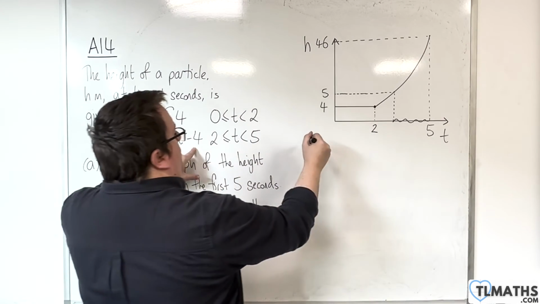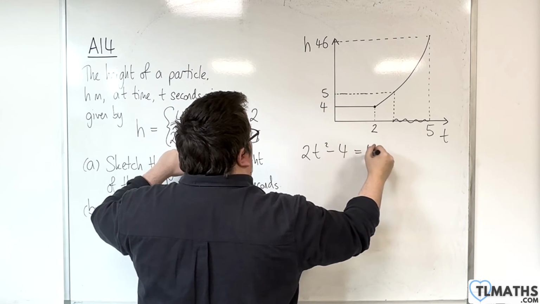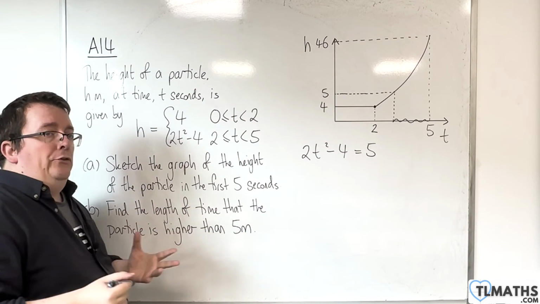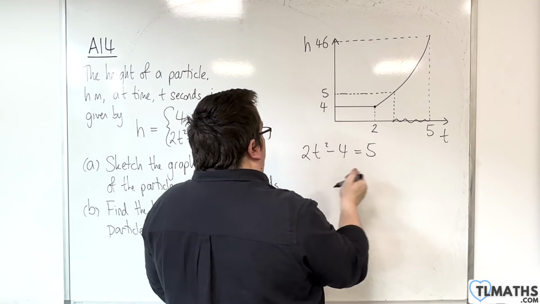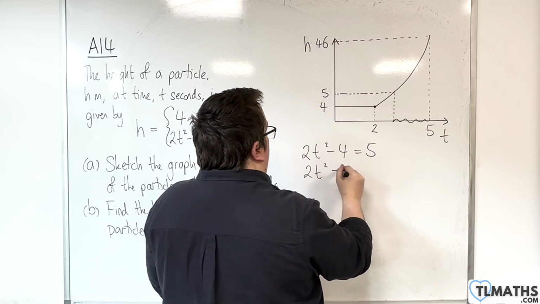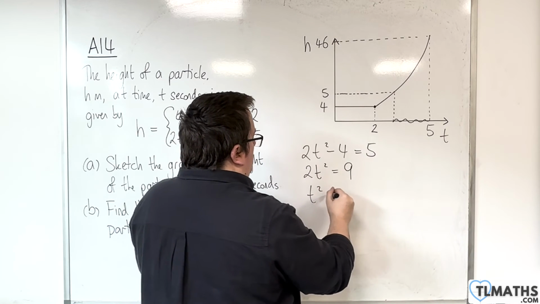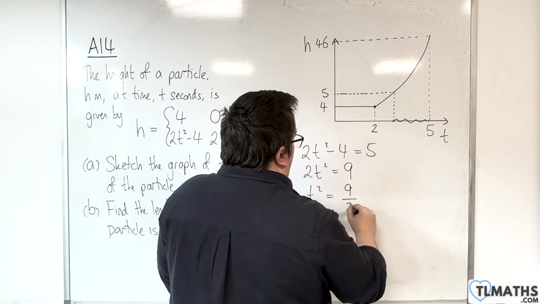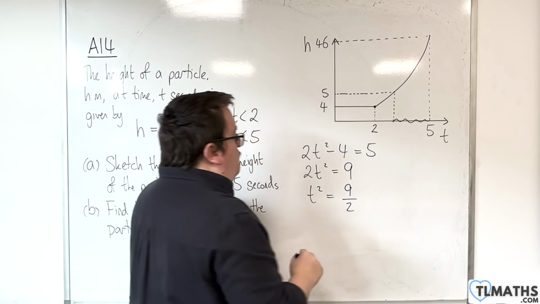So I need to put 2t squared take away 4 equal to 5, and then solve that equation. So if I add 4 to both sides, and then divide both sides by 2, so 9 halves, or 4.5, and then I need to square root both sides.